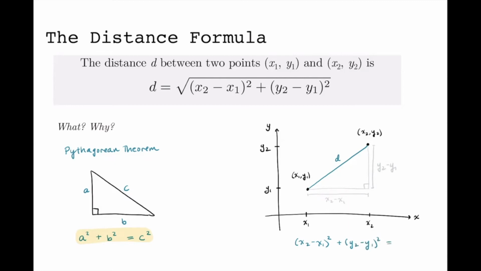That has to be equal to the hypotenuse squared, which we're calling d. And if we solve this for d by taking the square root of both sides, then that actually gives us the distance formula. So if we solve for d, we will get the square root of (x2 minus x1) squared plus (y2 minus y1) squared, and that is equal to d.